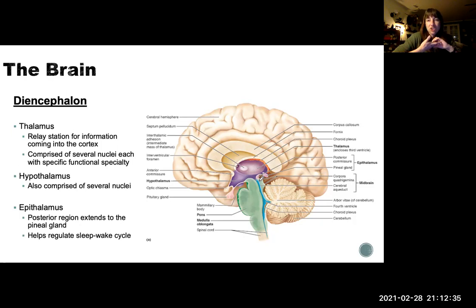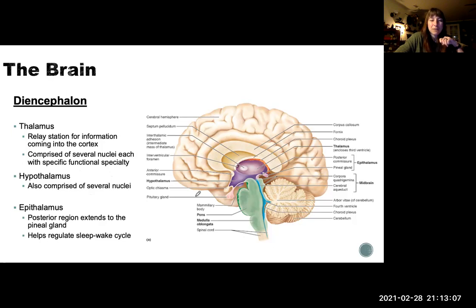The thalamus is in charge of deciding which of these stimuli is important enough to pay attention to, right? So if you're looking out across a beautiful landscape and you see a bear, you're going to stop. Your thalamus is going to decide that the landscape is not as important anymore. You need to focus on the bear. So it's going to make sure that your somatosensory cortex gets a nice clear picture that there's a bear there so that it can decide what to do about that, right? So the thalamus is very important.